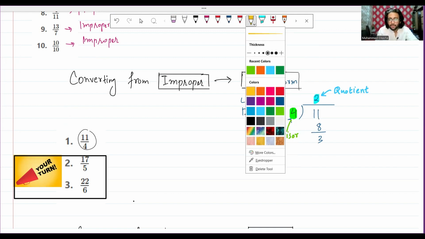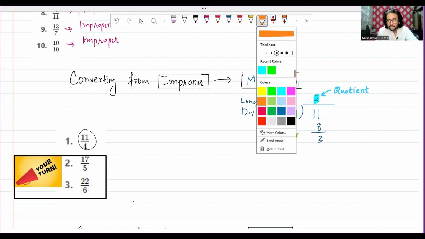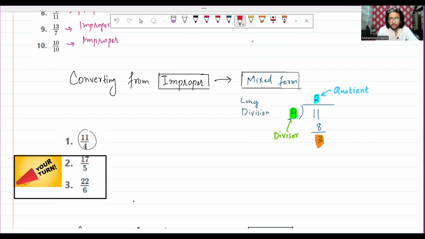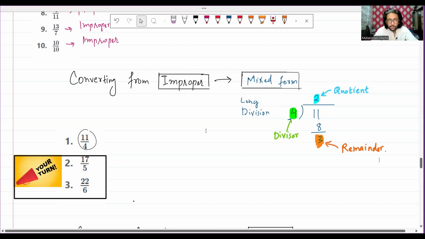This is the remainder. So why is this important? Why do we have to know which one is the divisor, quotient, and remainder? So that we can write them in the form of mixed form.